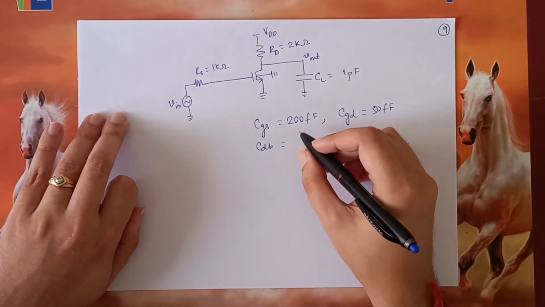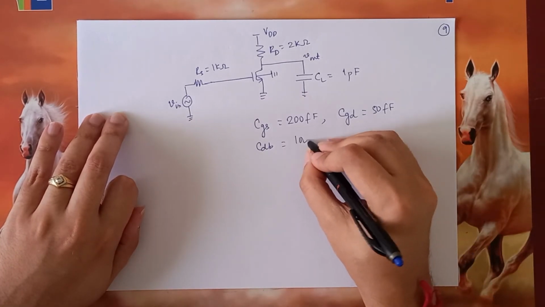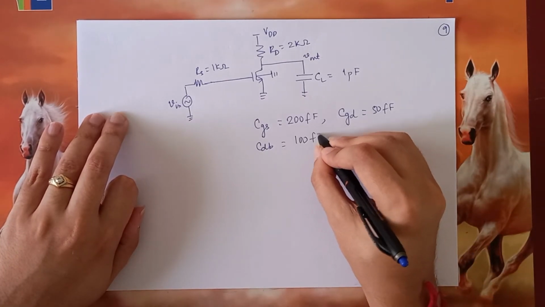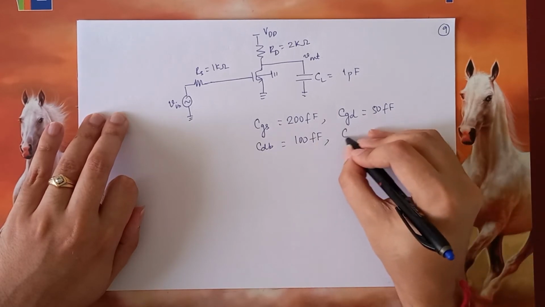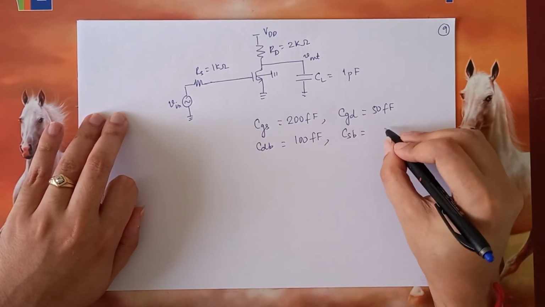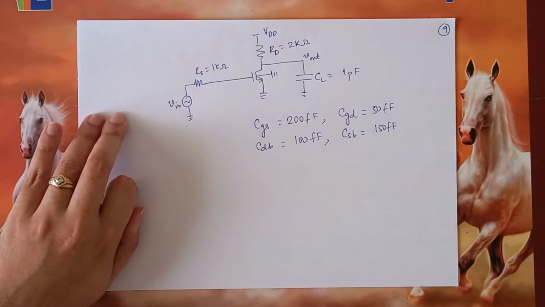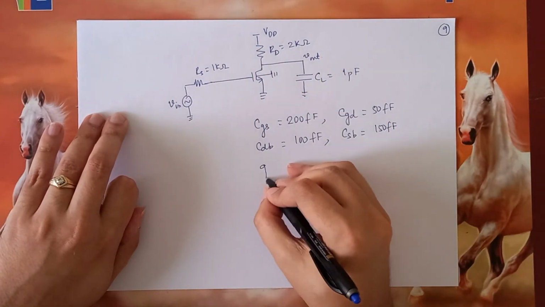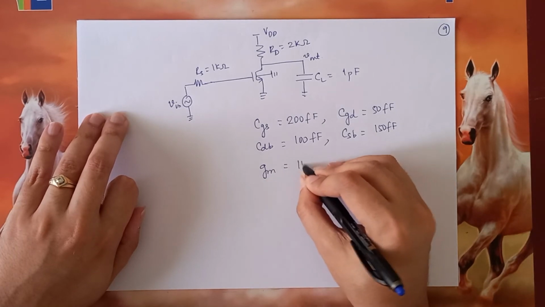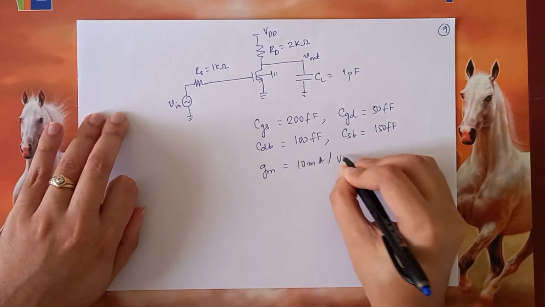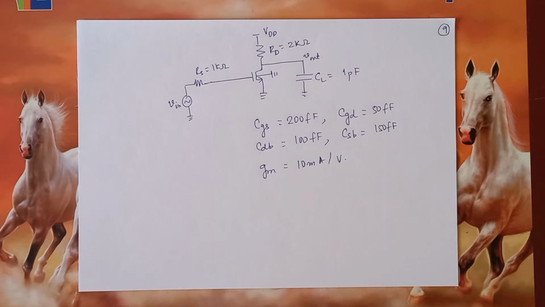CDB, the drain to bulk capacitance, is 100 femtofarads, and CSB, the source to bulk, is 150 femtofarads. And the transistor is biased in such a way that the gm is 10 milliamperes per volt.